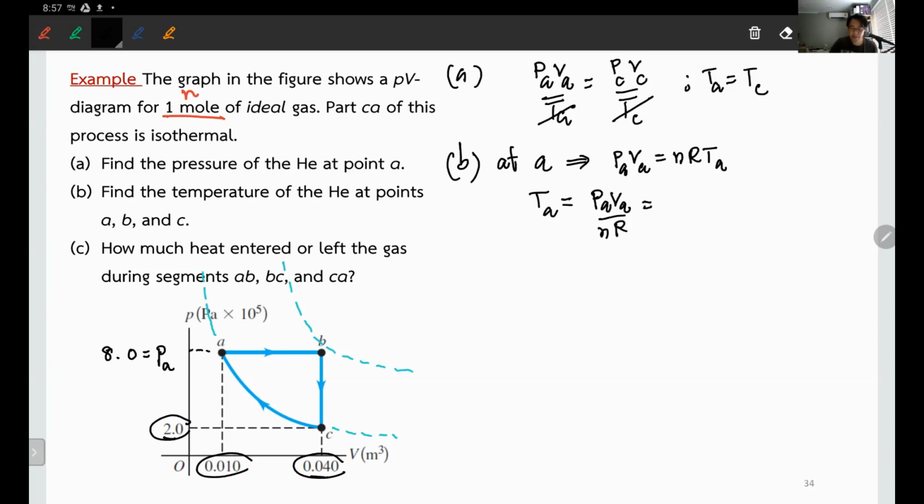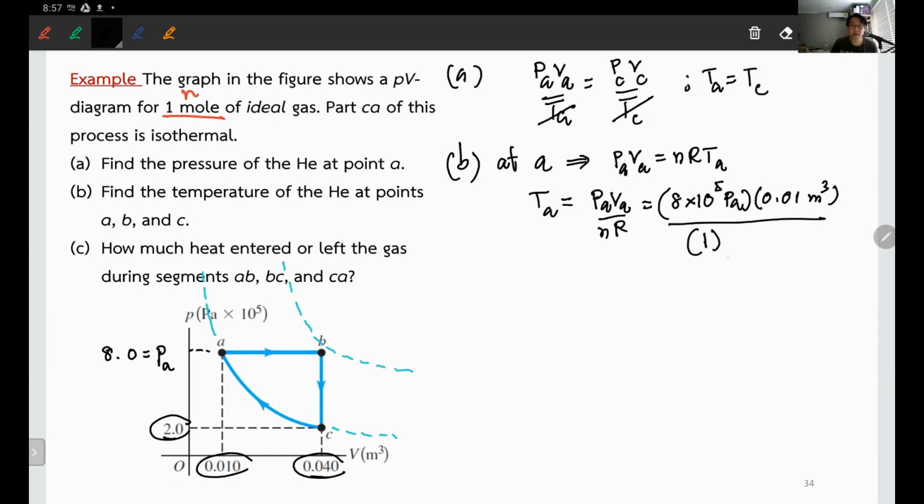So it's going to be 8, but the unit is 10 raised to the 5th power. So I will have to say 8 times 10 raised to 5 Pascal. The volume at A is 0.01, already in cubic meters. That's nice. Divided by, of course, the number of moles, which is given to be 1.